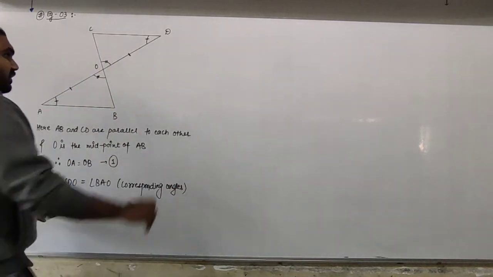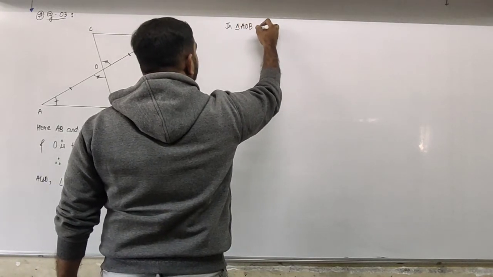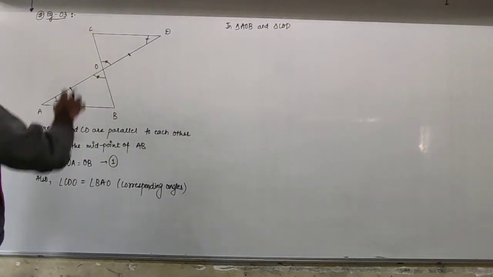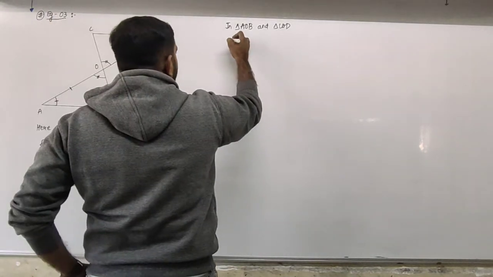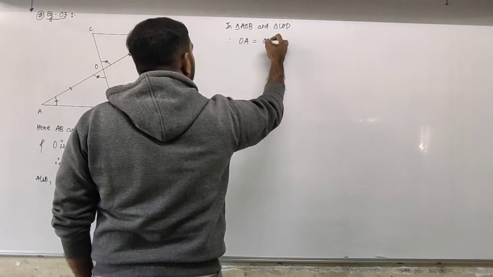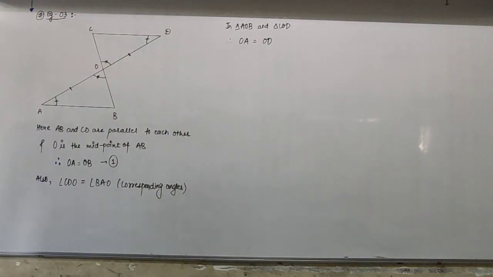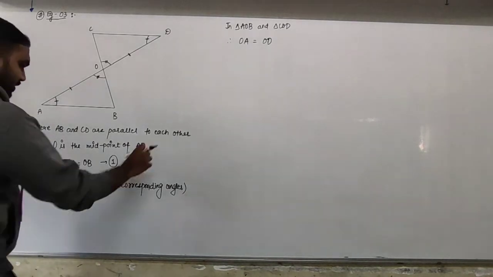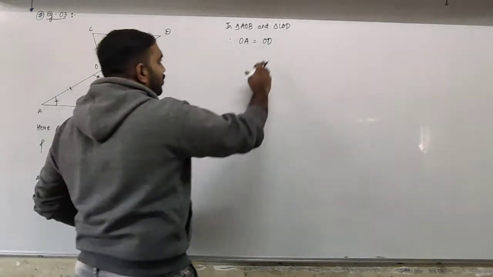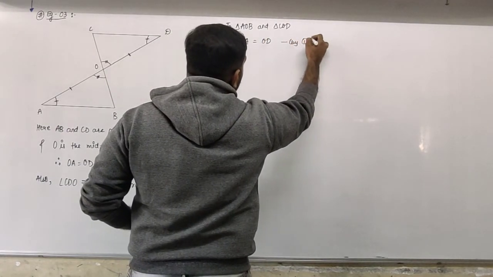Now in triangle AOB and triangle COD, we can say that OA is equal to OD by equation number 1, by result number 1.